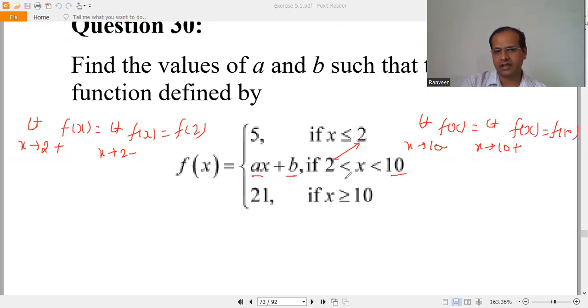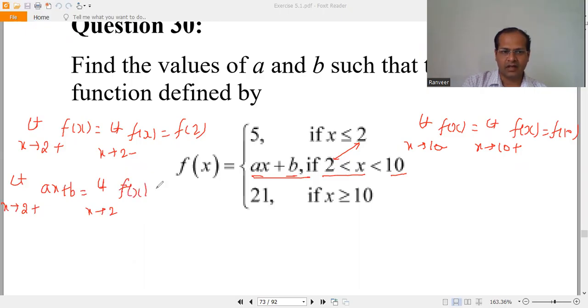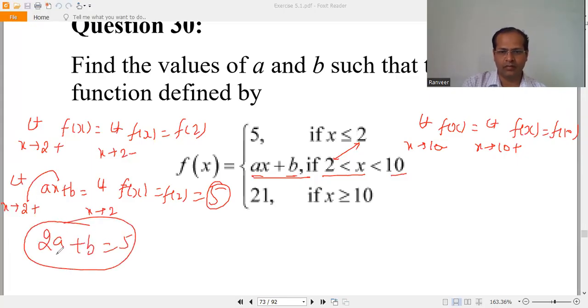The 2 plus value is nothing but ax plus b. So here we can write limit x tending to 2 plus of ax plus b equal to the limit at 2 minus, and both values are the same. We can write f(x) equal to f of 2, but both values are the same. Just substitute here and we get 2a plus b equal to 5.